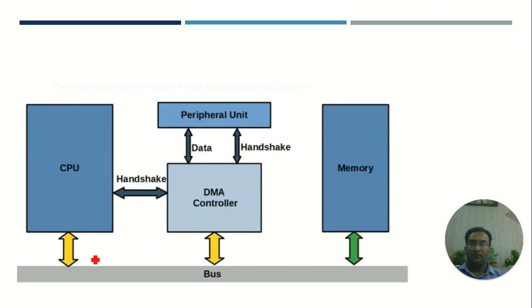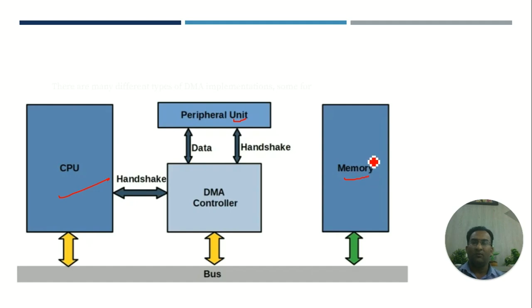Now you will see this particular block diagram. In this block diagram, we have the three major components: a CPU, a peripheral unit, and a memory.